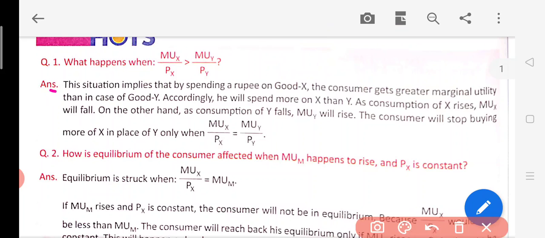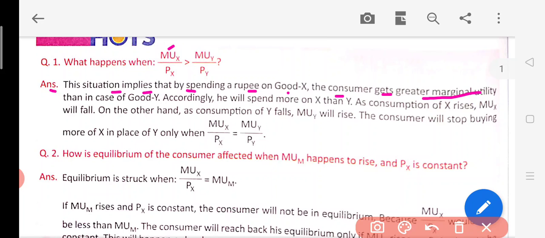This situation means that by spending a rupee on good X, the consumer gets greater marginal utility, as we have discussed. So he is getting greater satisfaction here, and he will definitely spend on the good where he gets more marginal utility. He is getting more marginal utility by spending money on X good, so he will be purchasing X good.